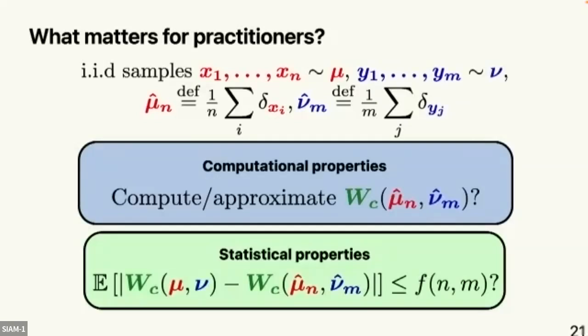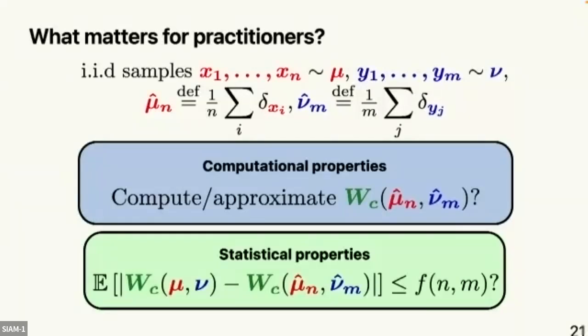We're not doing graphics, where we might be representing points as 3D point clouds. Here we are assuming we have measures. And so the question that I'm asking is, if we want to use optimal transport and we have access to samples, first, does it make sense to use that celebrated theory that people have received Nobel Prizes for a long time, or should we try to look somewhere else?